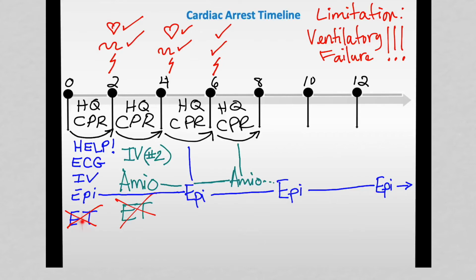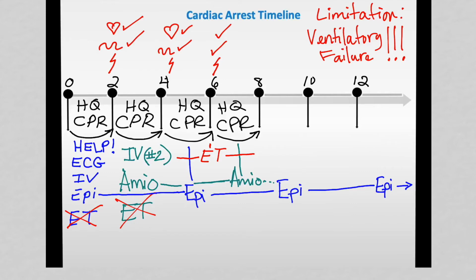If you cannot ventilate your patient from the beginning, then you need to intubate the patient. If you can't ventilate your patient later in the arrest, you need to immediately intubate your patient. But ultimately, if you're able to ventilate your patient, then endotracheal intubation isn't really indicated until somewhere between the 4 and 8 minute mark, or right around that 6 minute pause for pulse check and rhythm check.